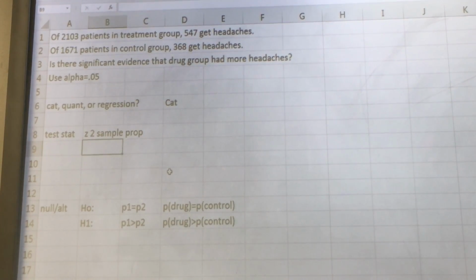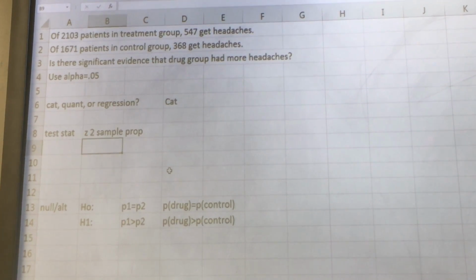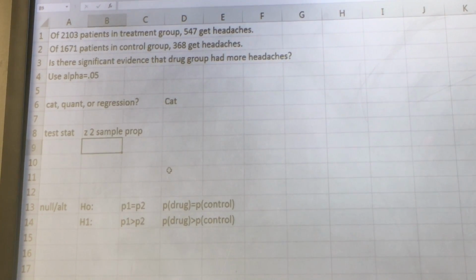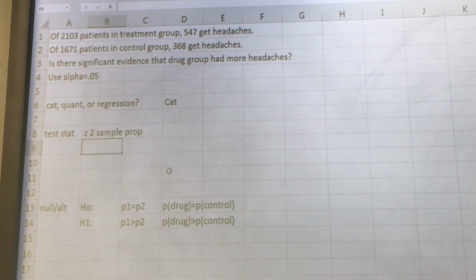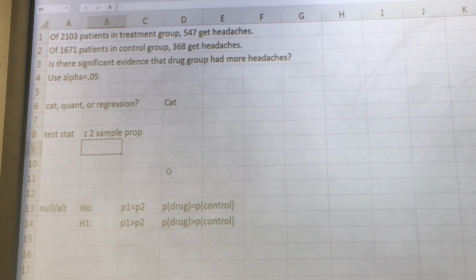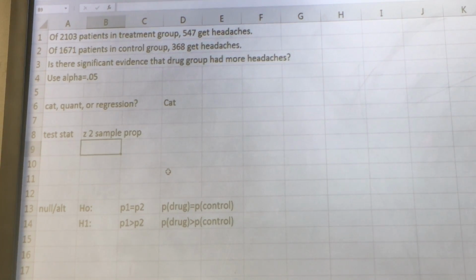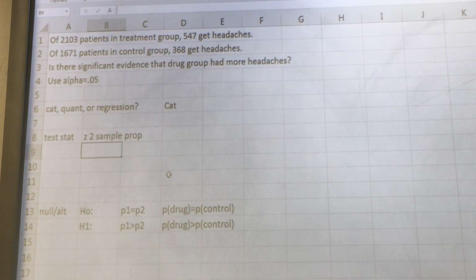Okay? Haven't given you that formula. You don't have enough Z formulas yet. I'm going to give you another one. Okay? So here's the formula of the day. Z equals P1 hat minus P2 hat over the square root of P hat times 1 minus P hat times the square root of 1 over N1 plus 1 over N2.